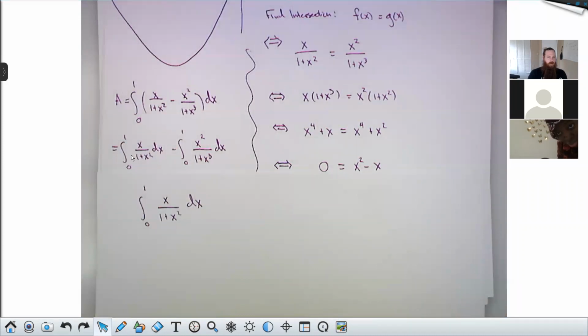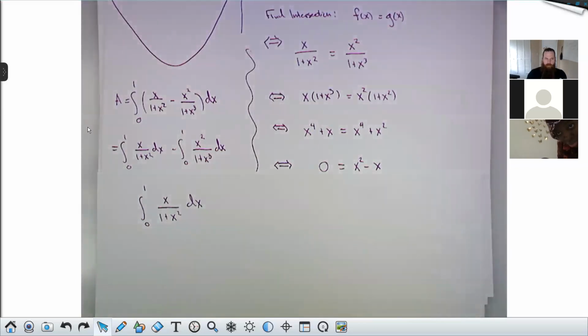If it was just 1 over 1 plus x squared, that would be an inverse tangent, but it's that x upstairs that is actually making this something else. So arctan is a good guess, but remember the derivative of arctan x is 1 over 1 plus x squared. So that wouldn't account for this x, and this x is not a constant, so I can't pop it out or anything.